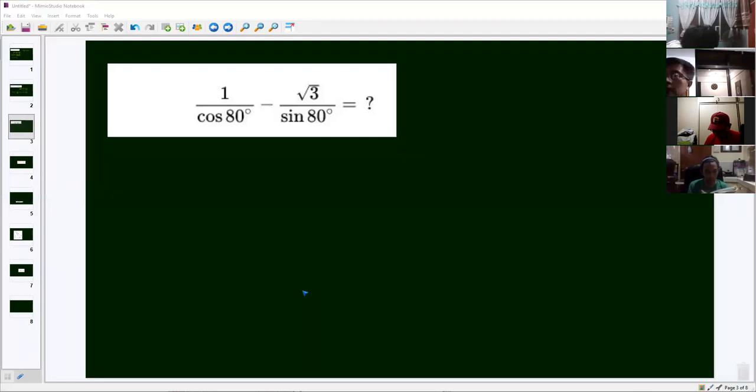Sige, if you have a calculator, pwedeng mag-calculate. 30 seconds, exempted, go! Very good, Gwen. Very good. Nag-calculate ka ba, Gwen? Hirap talaga.